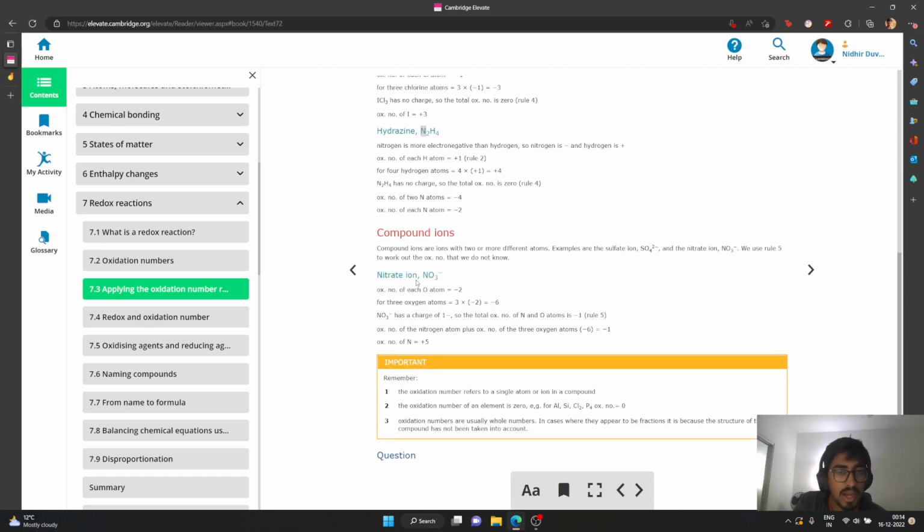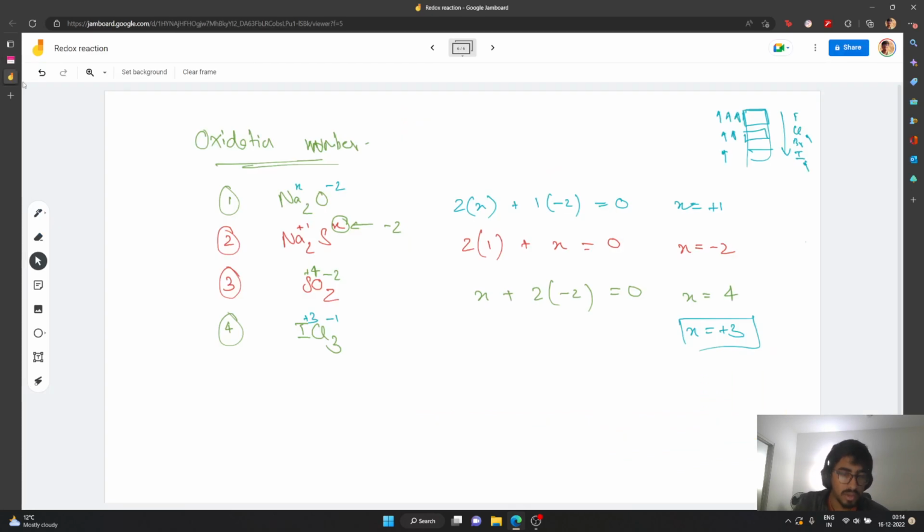Okay, what about an ion? Let's try for an ion now. So maybe NO3 minus, right? So this ion overall has a negative charge. So we need to deal with this carefully. For this nitrogen, we don't know the oxidation number. For oxygen, we know that it is -2.